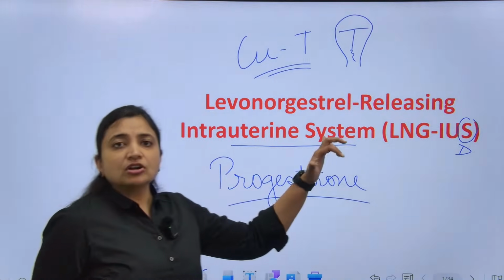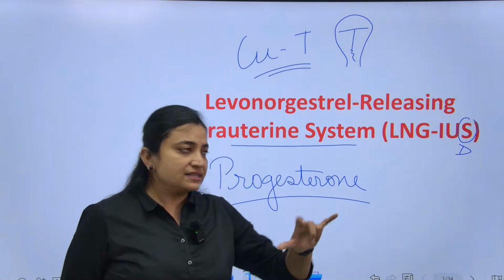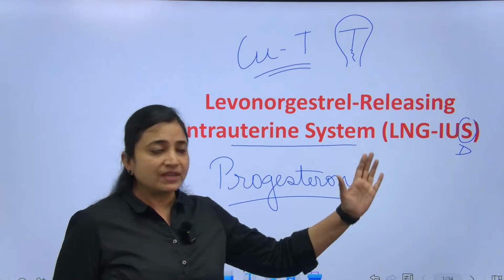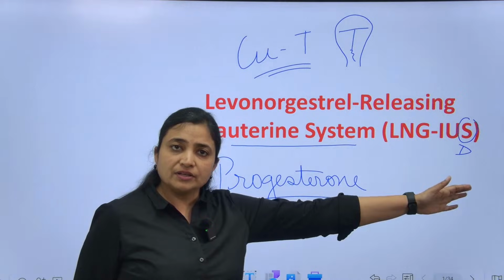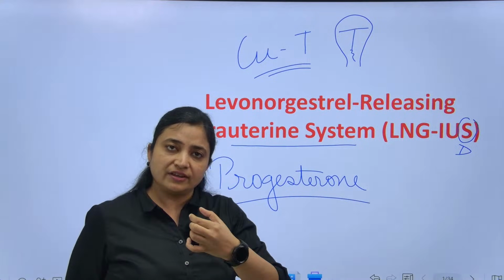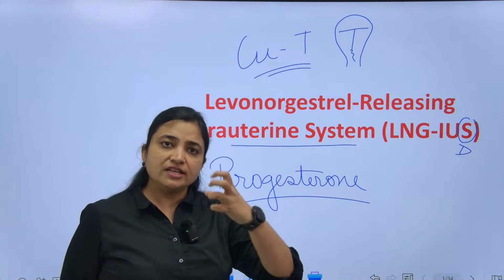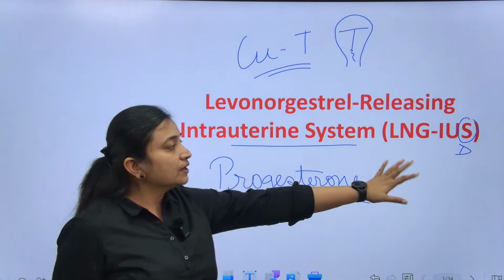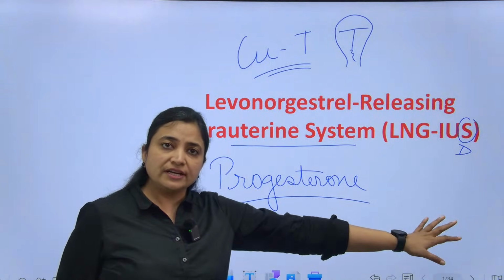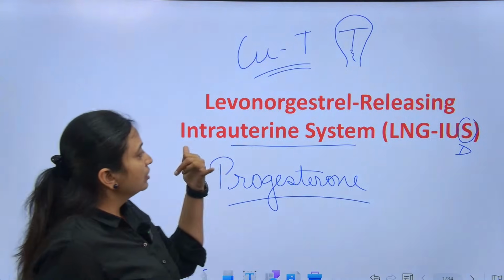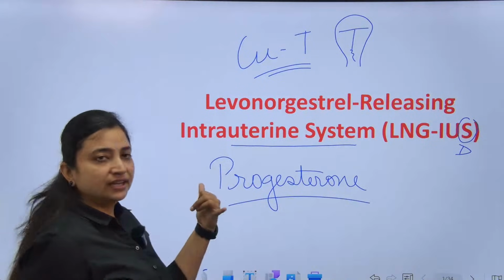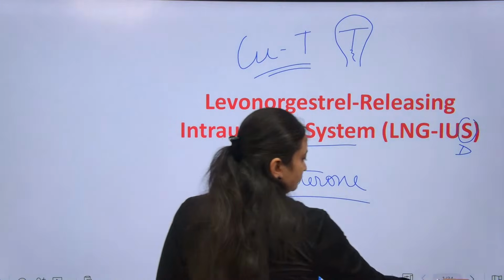But here it is not copper on the device, it is levonorgestrel. And it is a system because it has a central reservoir which releases it slowly, slowly, slowly. So some people call it a device, but mostly it is called a system. So, levonorgestrel releasing intrauterine system.